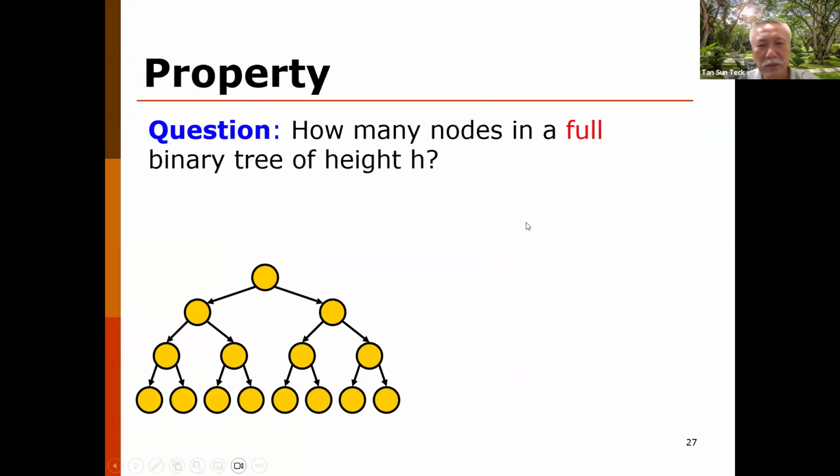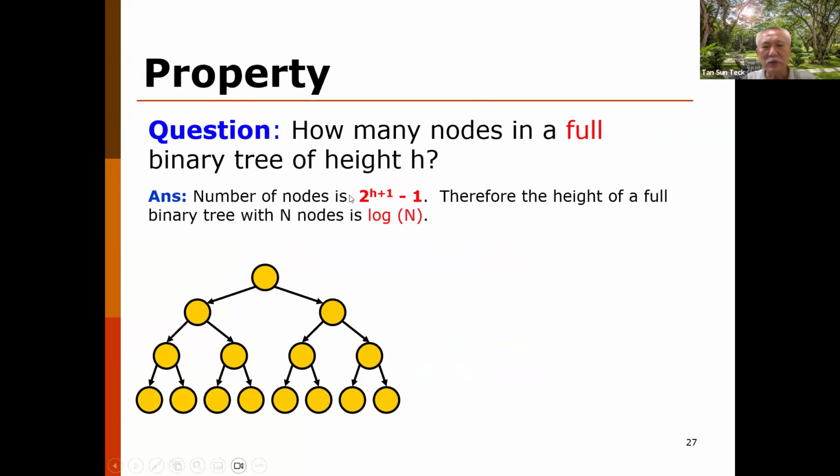So, a property: how many nodes are in a full binary tree of height h? The answer is that the number of nodes is 2 to the power h plus 1, minus 1. In this case, we know that the height h is equal to 3.